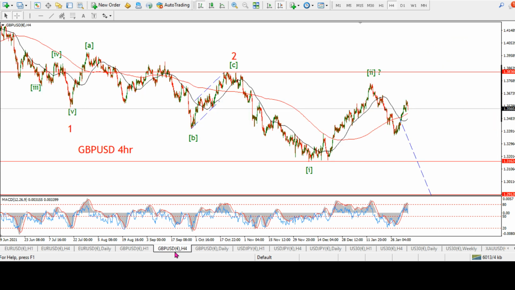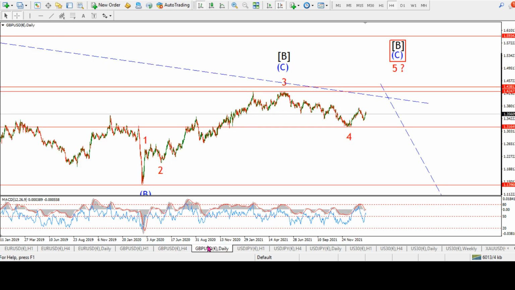Okay, so here is cable. I'm not in disagreement, let's say, with euro dollar here. But there is an alternate scenario, which is, let's say, cooking on the back burner. I've always viewed this decline as an alternate 4th wave with a possible spike higher in wave 5 of C, of a B wave as well.